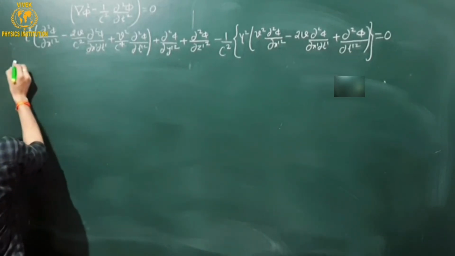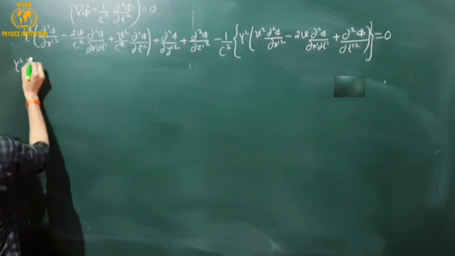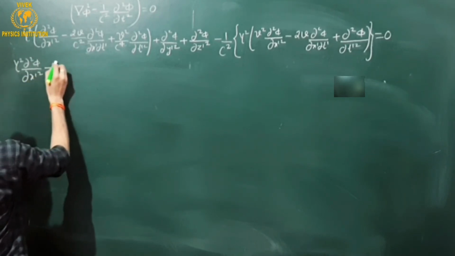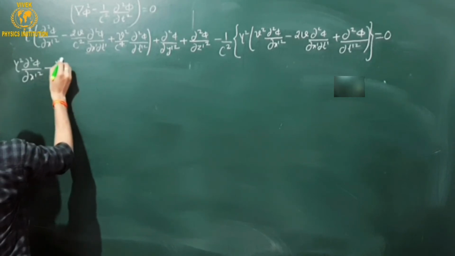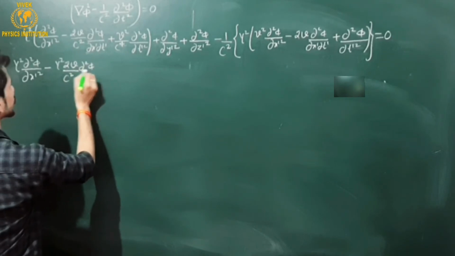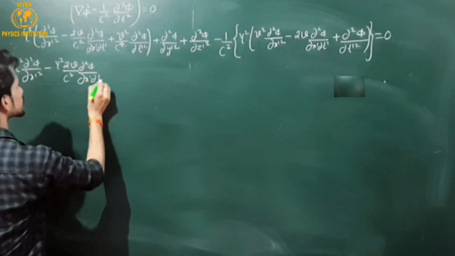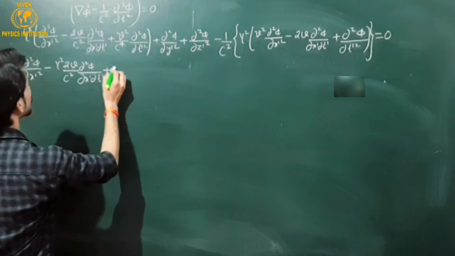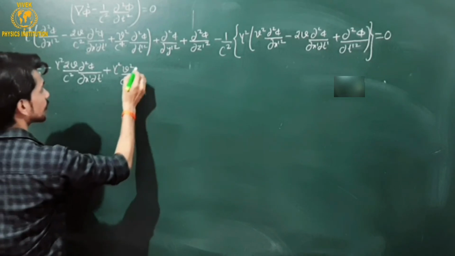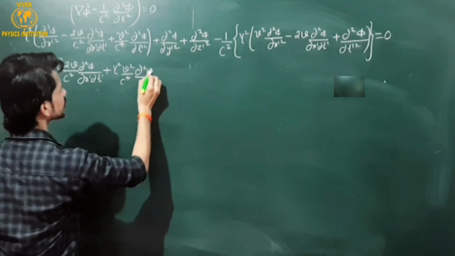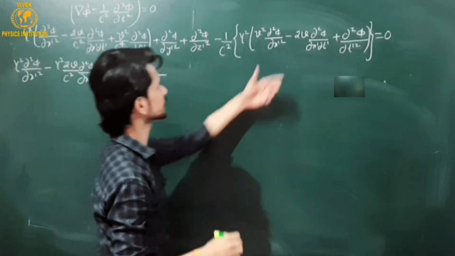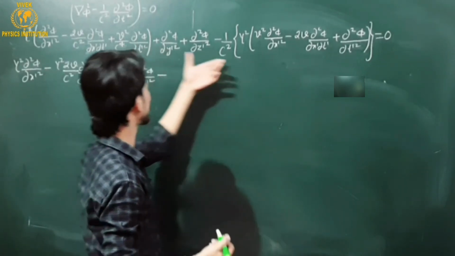I will get gamma square del square phi over del x dash square minus this is gamma square 2v upon c square del square phi over del x dash del t dash plus gamma square v square upon c raised to the power 4 del square phi over del t dash square. I am writing this factor first. After that I will write these two factors later.